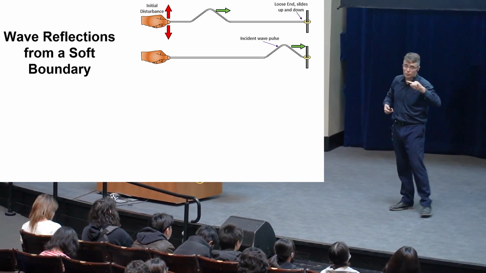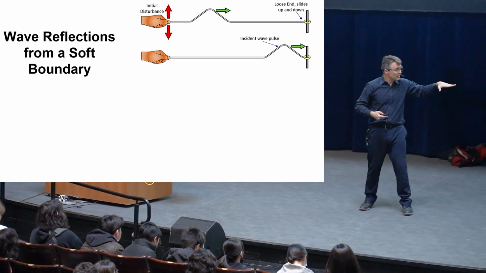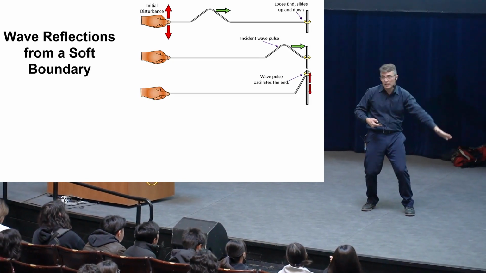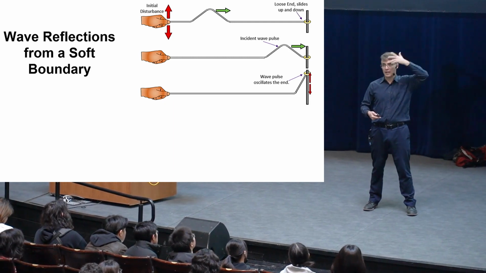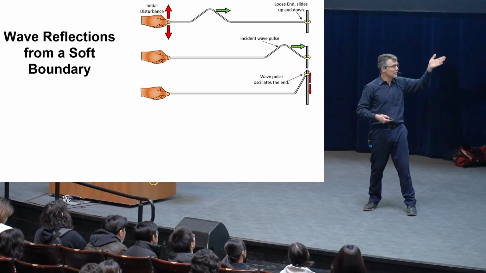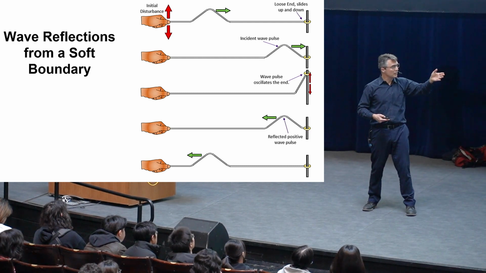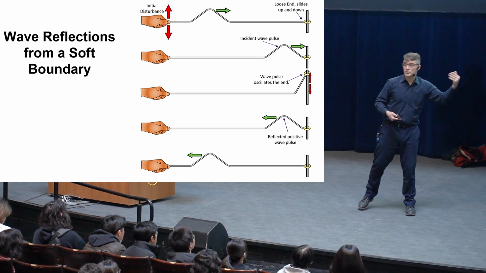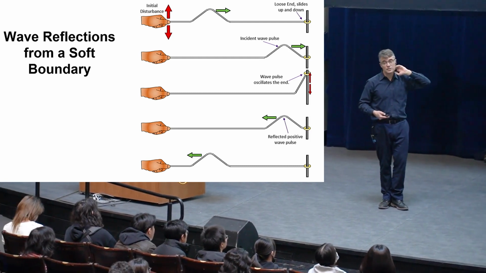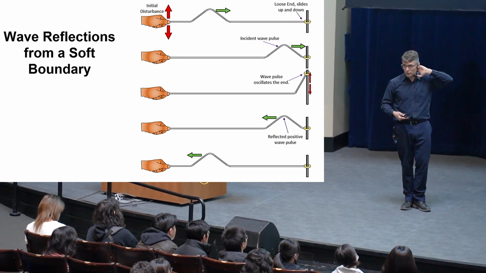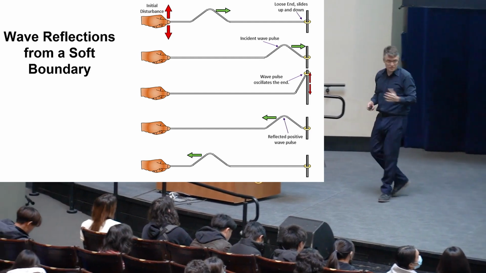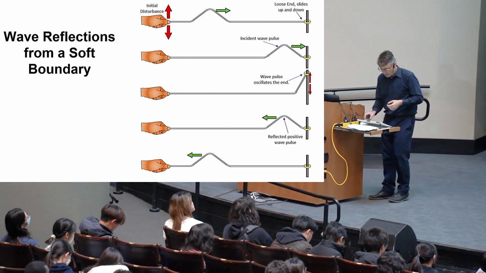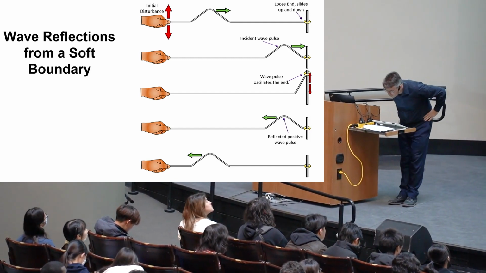Then when this string hits the end, it just slides the ring way up, even higher than the amplitude of the pulse, twice as much actually. And when it comes back down again, you have a positive pulse that's reflecting. So it does not invert the pulse when you have a loose end. You'll be able to see that when you do your simulation. It's a little harder to set up in a real thing.